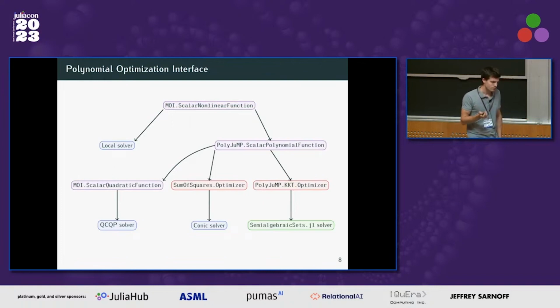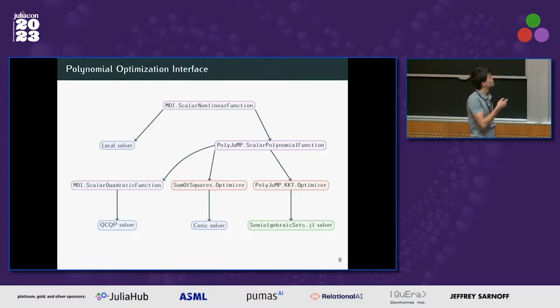Okay, so then another thing that's very useful is that Oscar has just added nonlinear functions in JuMP. And so what we can do now, if you want to do polynomial optimization, is let the user create the problem as a nonlinear function, because it's very easy in JuMP to specify a nonlinear function.